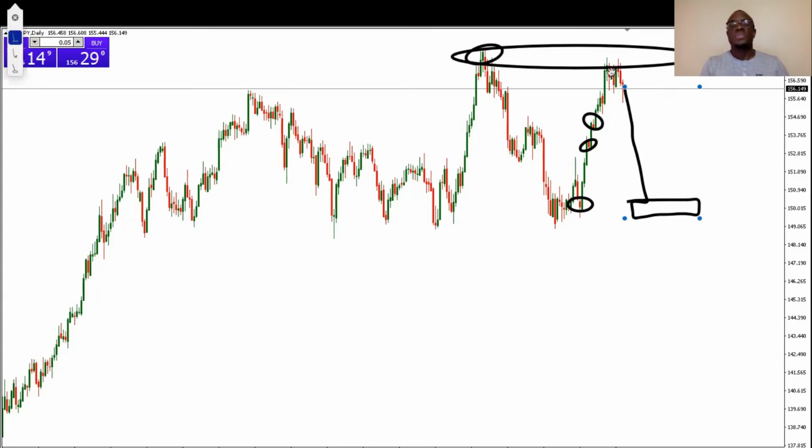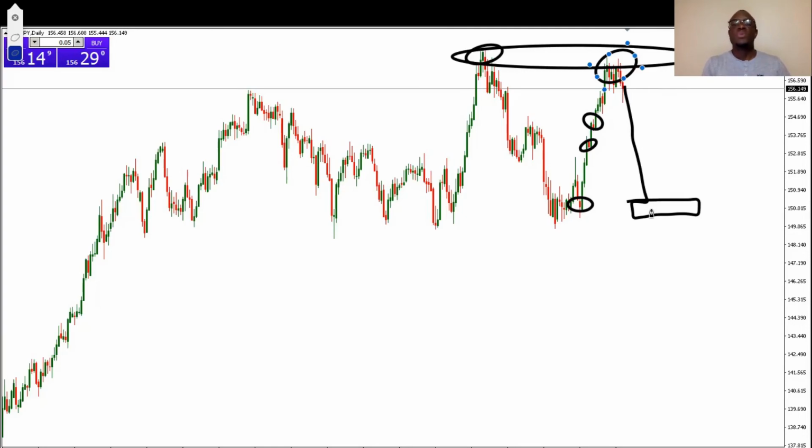So in terms of the bearish move, we're expecting that this is already a double top, and the price is going to make a huge push to the downside, mitigate these two order blocks and stop at these order blocks.